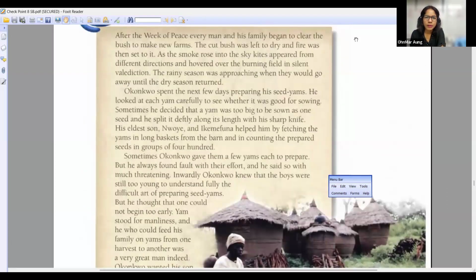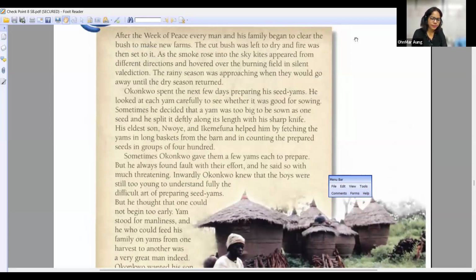In the first paragraph, the rainy season was approaching, and they spent the next few days preparing their seed yams. And when the soil becomes moistened, they start sowing yam.